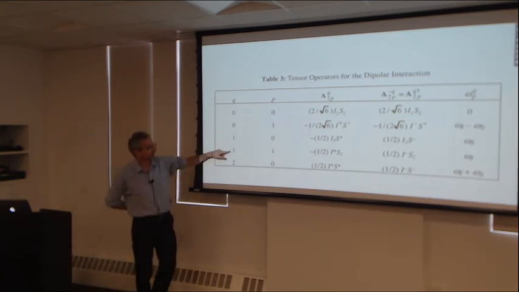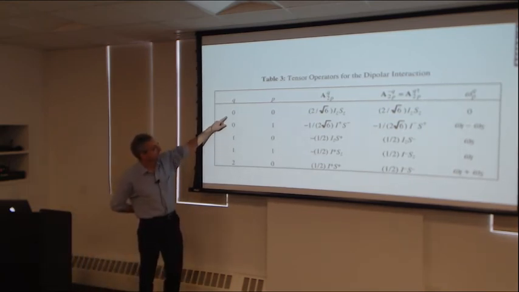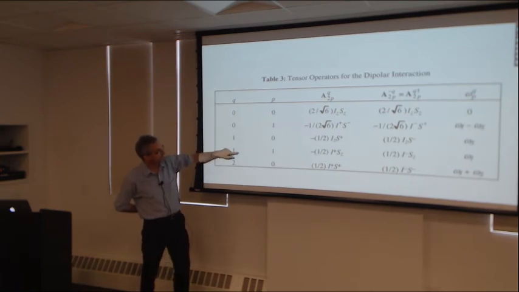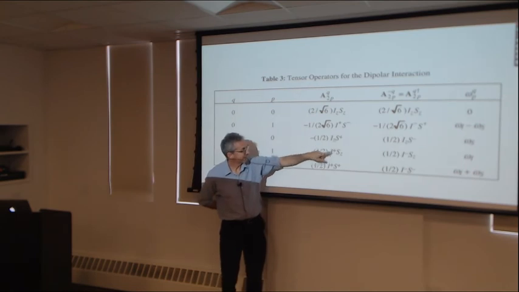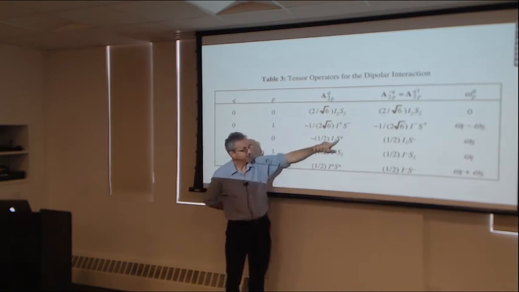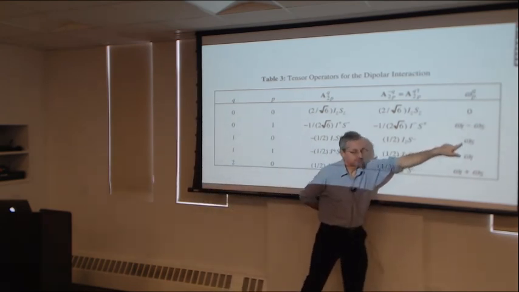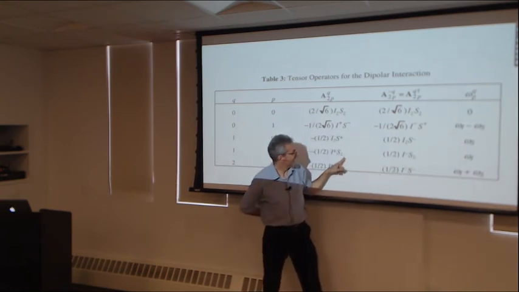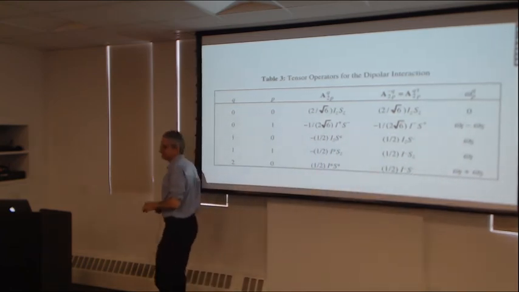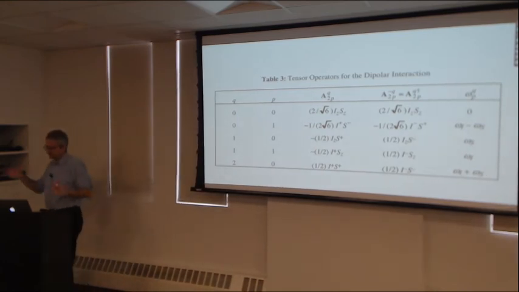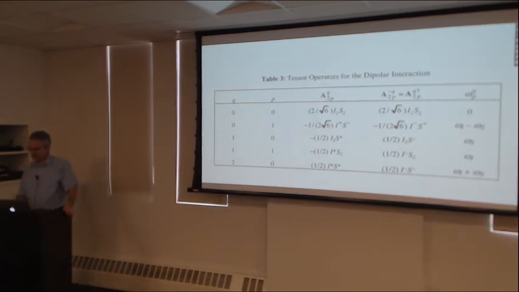And similarly here, when Q is equal to 1, we also have to keep track of whether we're talking about the S spin, which has a frequency omega S, or the I spin, which has a frequency omega I. So 0 and 1 don't mean anything for P, they're just placeholders to make sure we separate things.